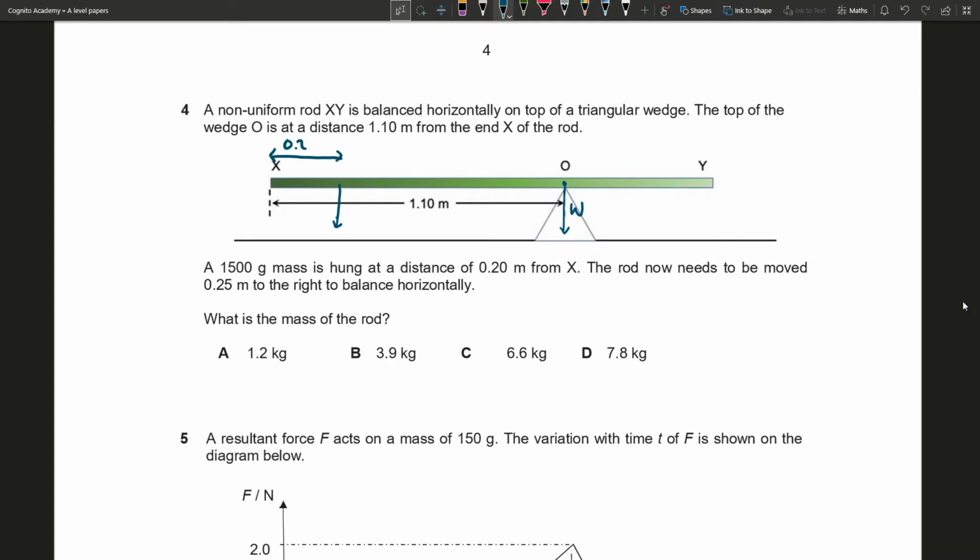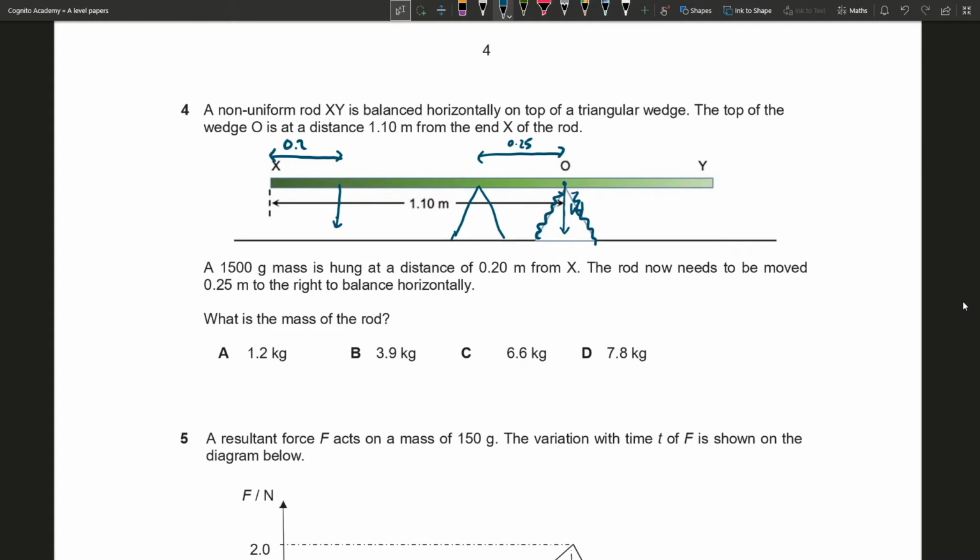And then we are told that the rod now needs to be moved 0.25 meters to the right to balance horizontally. So I'll just move the wedge to the left instead, it's the same thing. And then this is 0.25. The wedge is no longer a thing, but the weight is still acting at O. And then we are asked what the mass of the rod is.